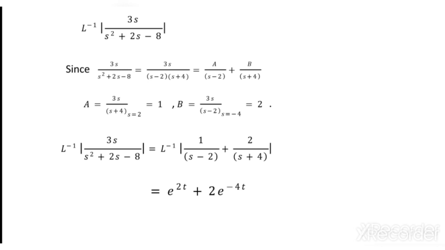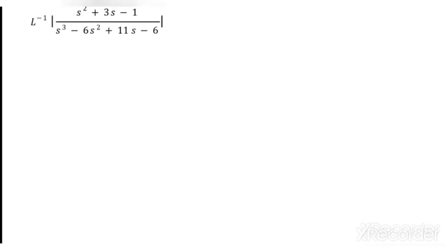Correct? Understood? So for our practice, one more last example: s square plus 3s minus 1 by s cube minus 6s square plus 11s minus 6. Correct? Again the same method. The denominator is a cubic expression, which we obviously cannot directly inverse, so try to factorize it.